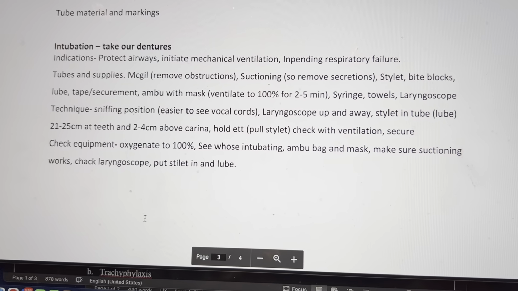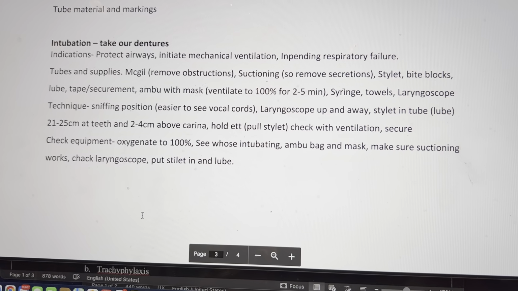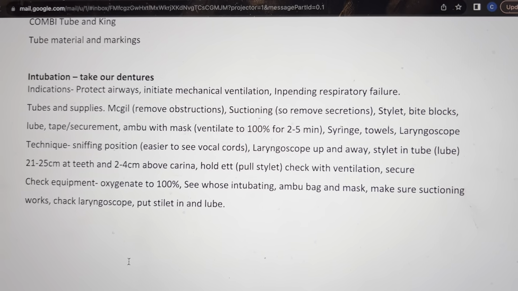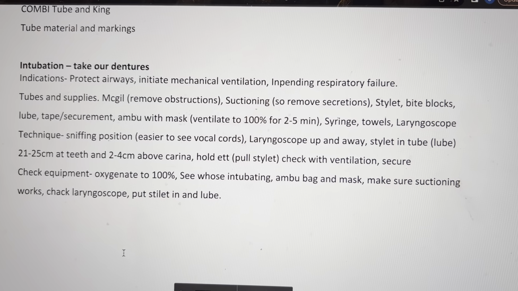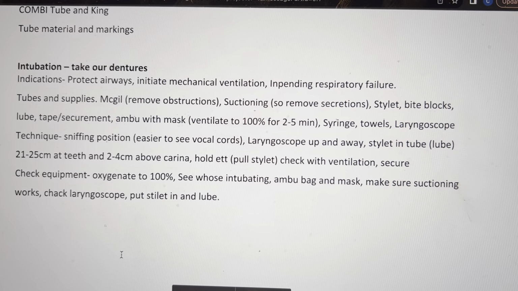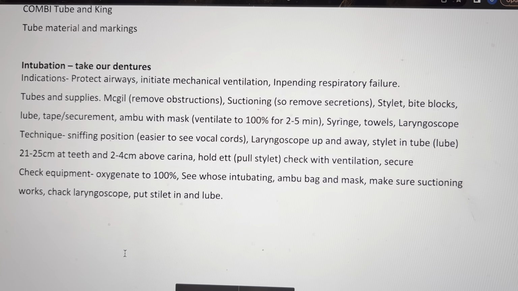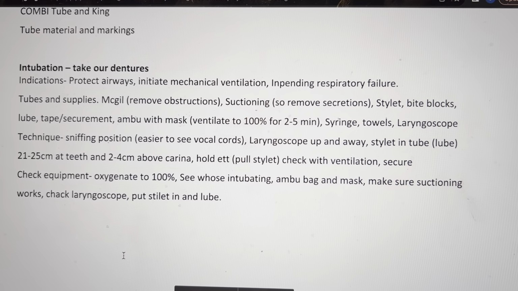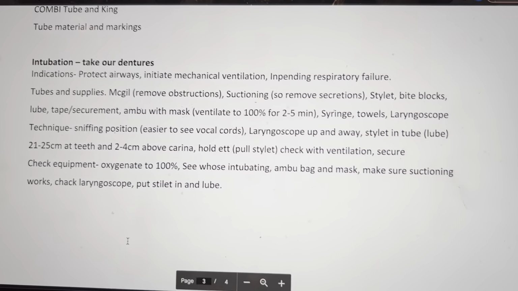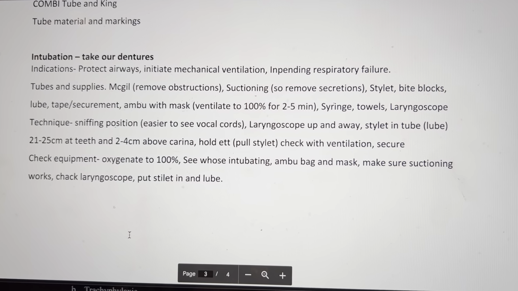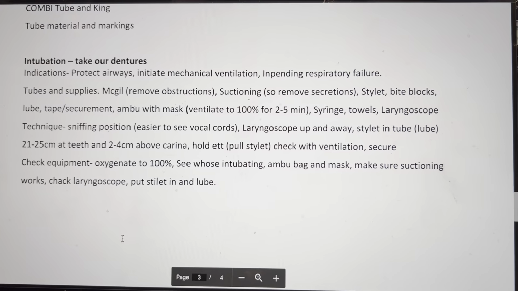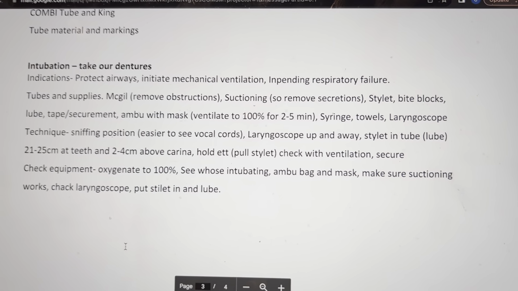Technique for intubation: sniffing position, see vocal cords, laryngoscope up and away, stylet tube. When we intubate, you want it at 21 to 25 centimeters at the teeth, and 2 to 4 centimeters above the carina.